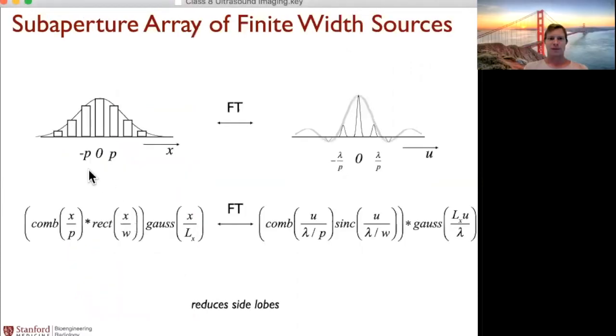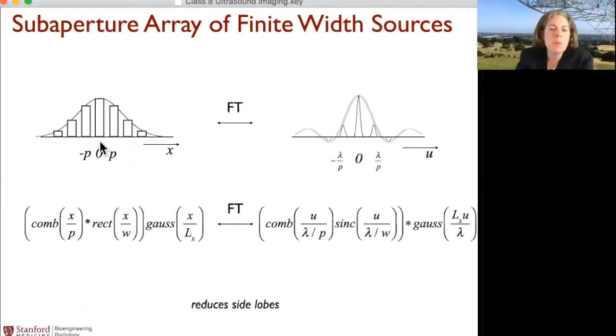All right, well, here's another trick. We talked about this before, where we talked about an array as being a series of elements, and each one is a rectangle. Because of the rectangle, we get an overall sinc envelope in terms of our beam. Then we talked about having a rectangular weighting function across the aperture.